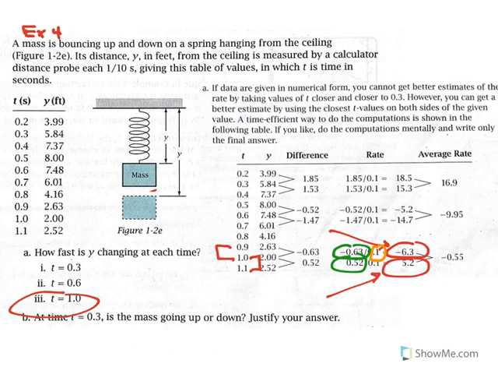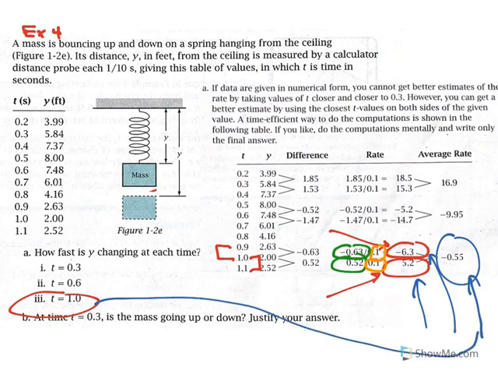And then here, we're just calculating the average of these two average rates of change and using this as our approximation for the instantaneous rate of change of the distance from the ceiling with respect to time at time equal to 1.